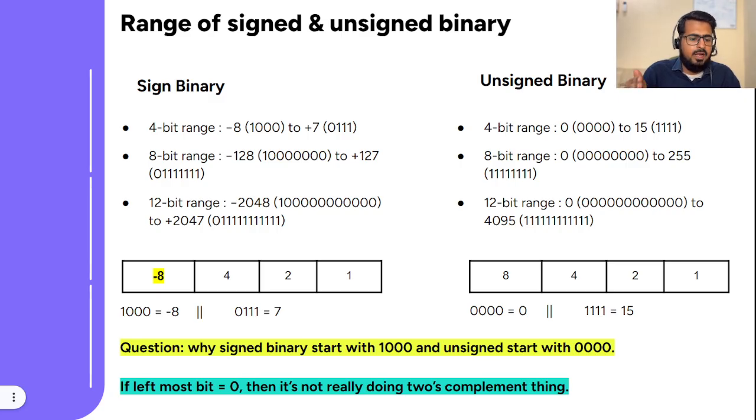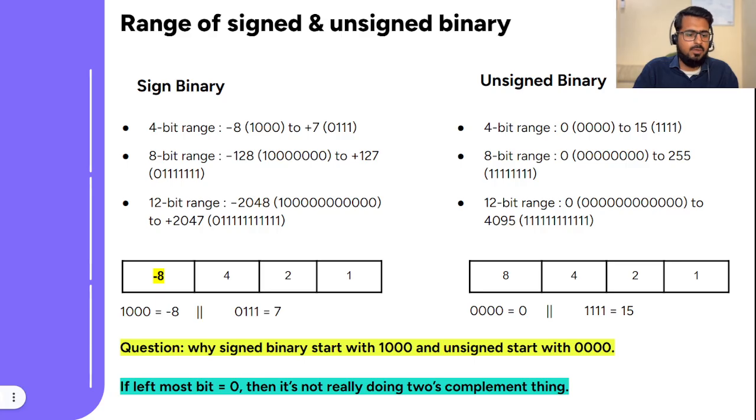So if I put 1 on the negative bit and 0 on the remaining positive bits, I get the minimum value, or the maximum negative value. That's why we put 1 on the leftmost bit to get the minimum value, and 0 on the leftmost bit to get the maximum positive value.